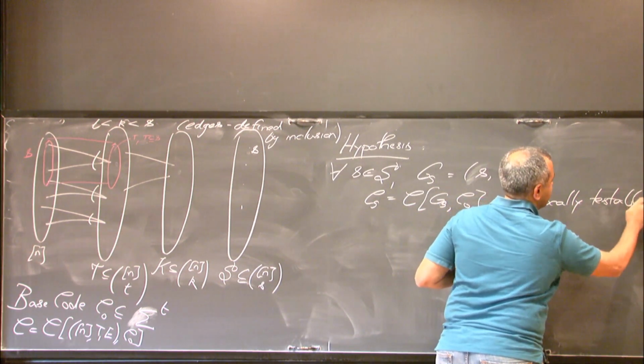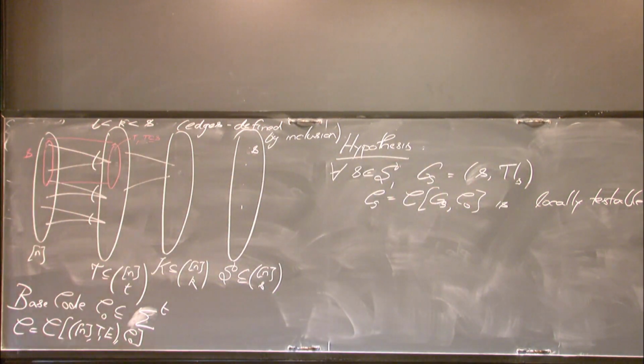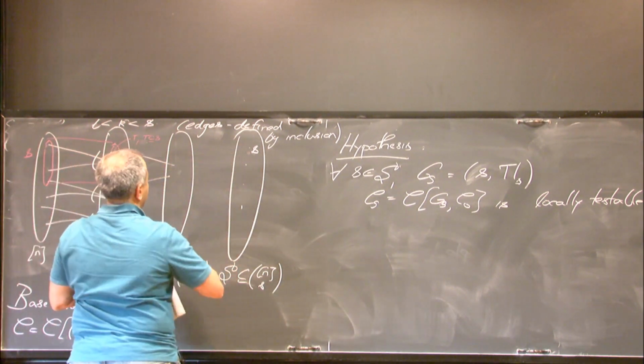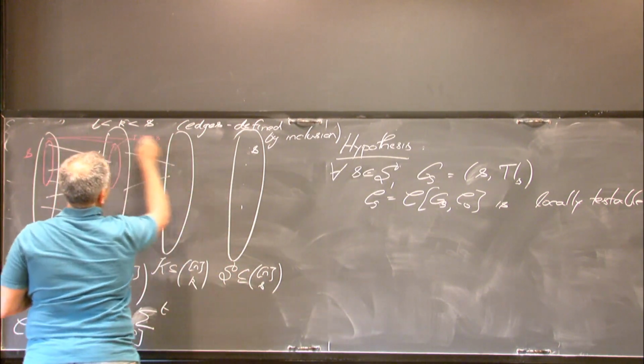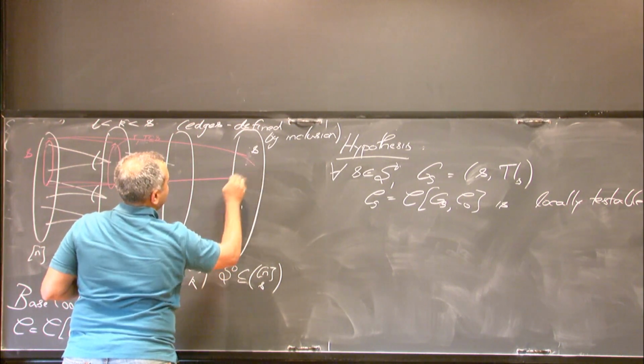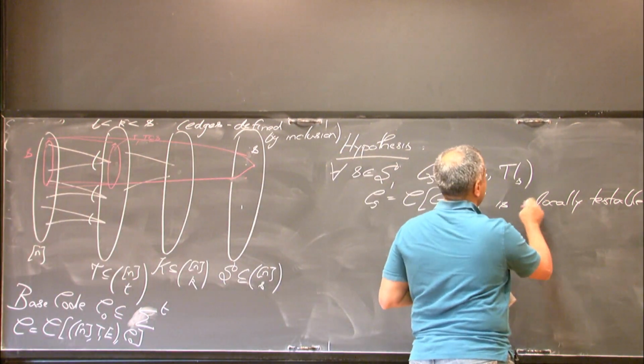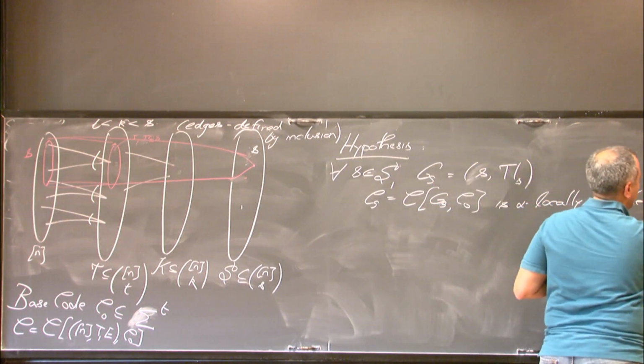It's everything you can reach from S by just walking left. What I want is that this object is alpha locally testable by the natural tester.